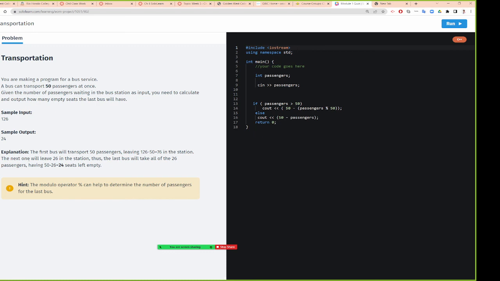All right, the next one will take 50 again, minus that, so it will be 26. So the last bus will have 26 people, and the leftover, you have 24 left empty.